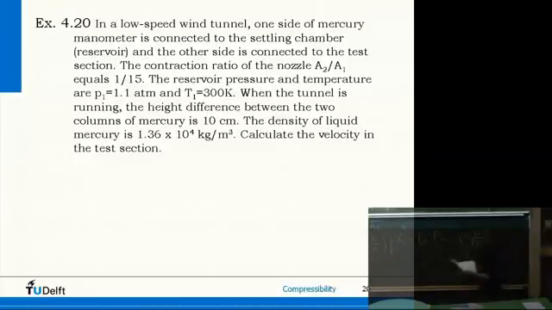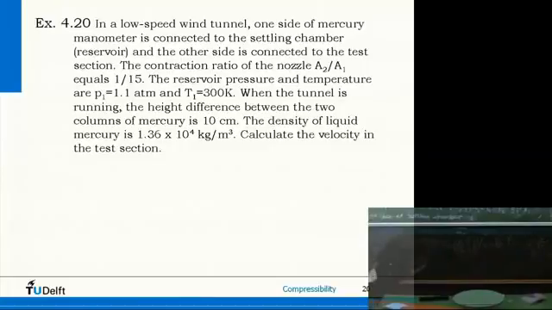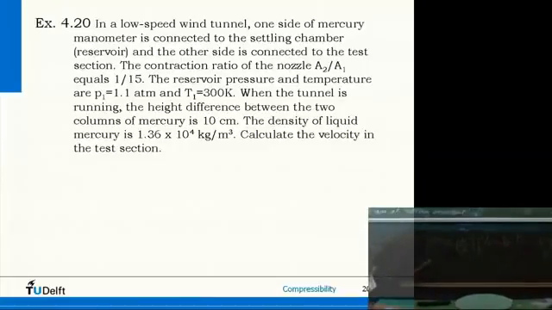So 1.29 for the density, 1 minus the contraction ratio, that was given, 1 over 15 squared, square root, and the end result is 144 meters per second. Somebody says, "Woo, compressible, yeah."